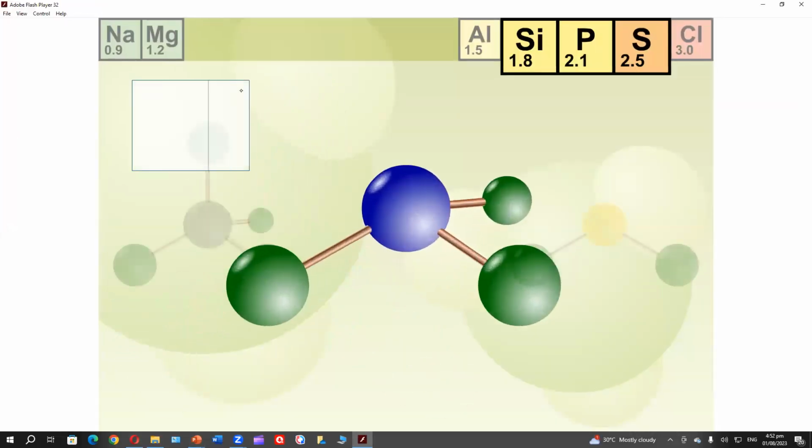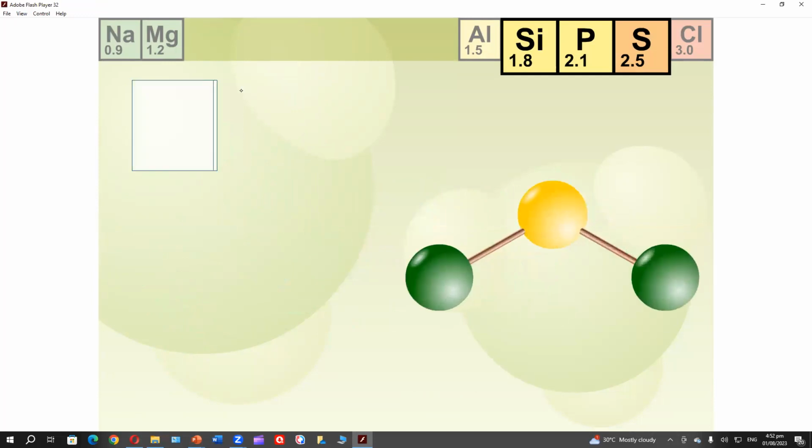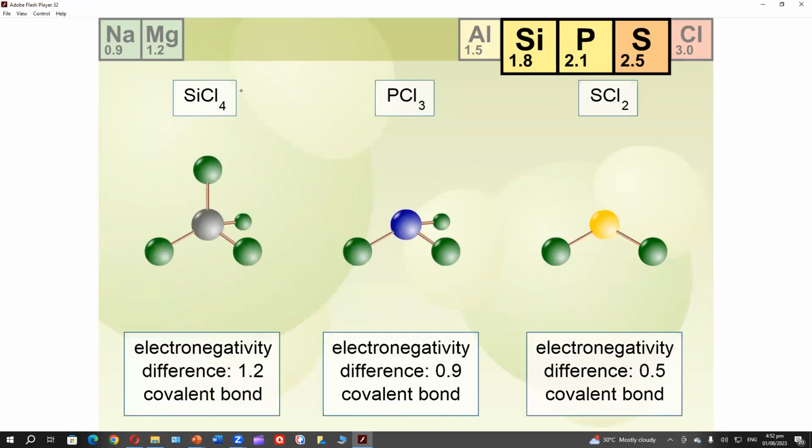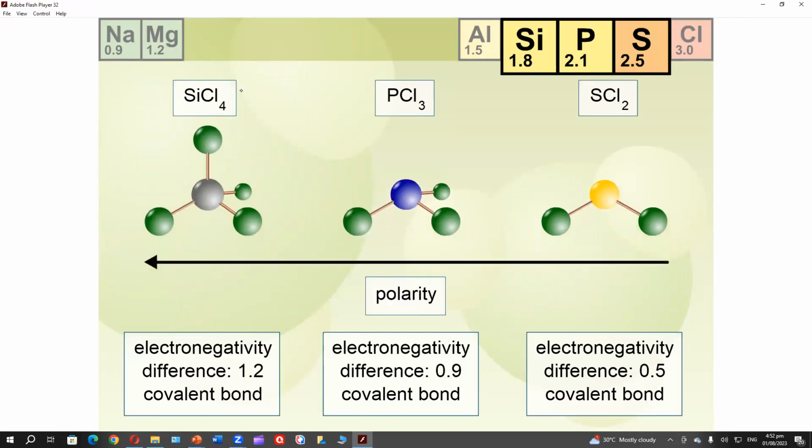Silicon, phosphorus 3, and sulfur 2 chlorides are covalent compounds. The polarity of the bonds decreases from silicon to sulfur.